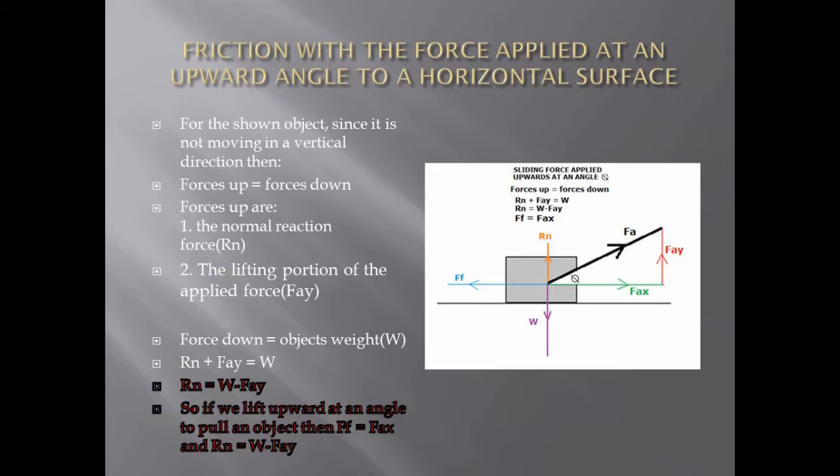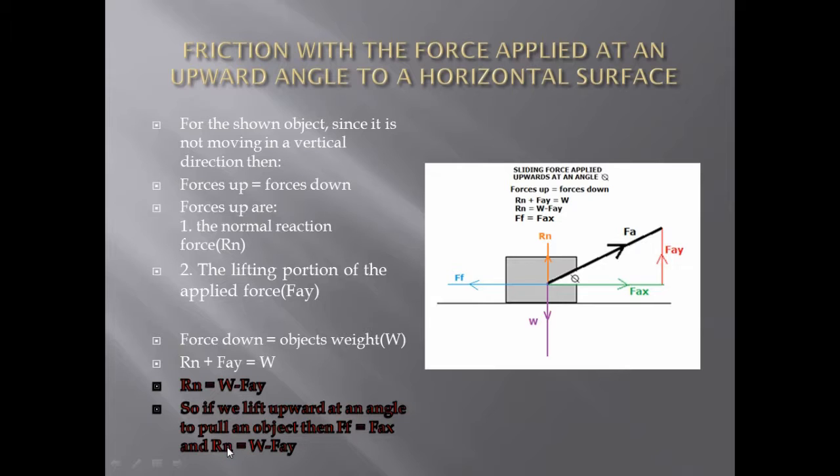Forces down are the object's weight, W. So we can say Rn plus Fay equals W. And if we want to transpose for Rn, we can say Rn, the normal reaction force, equals the weight of the object W minus the vertical component of the applied force Fay.